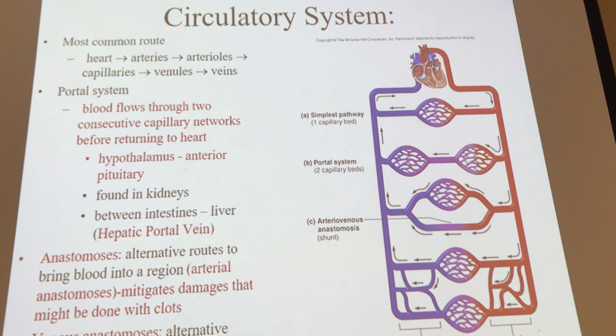So if I'm absorbing as much food as I can through my superior and inferior mesenteric veins, where's the next organ I wanted to go to? The liver. The liver is the one that produces fat from all of the carbohydrates so that I can store it for the future.